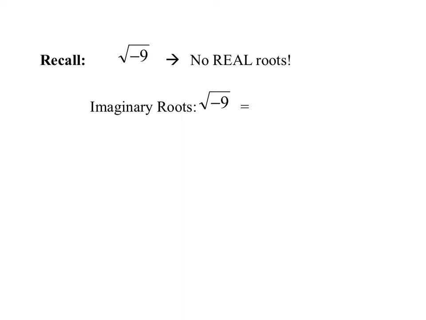So to begin illustrating how we're going to use the imaginary unit, here's another example. We're going to look at the square root of -9. We know there's no real roots, so this is how you apply the imaginary unit. We begin by breaking down the square root of -9 into -1 times 9. So what we're doing is factoring the negative out of the 9 as -1.